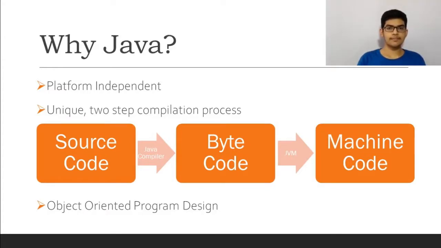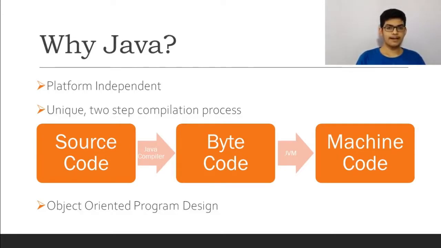First, Java is a platform independent language. What we mean by that is that we can run the source code written on one platform on any other platform as well. This brings us to the second point, the unique compilation process. Java, unlike any other programming language, uses a two-step process to compile its programs.